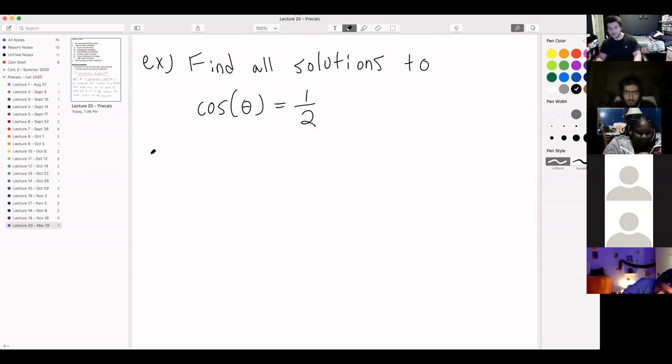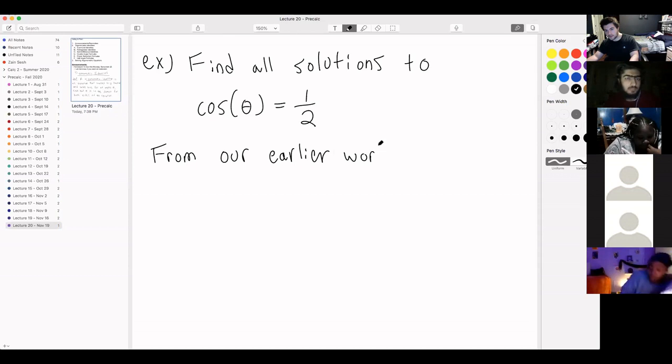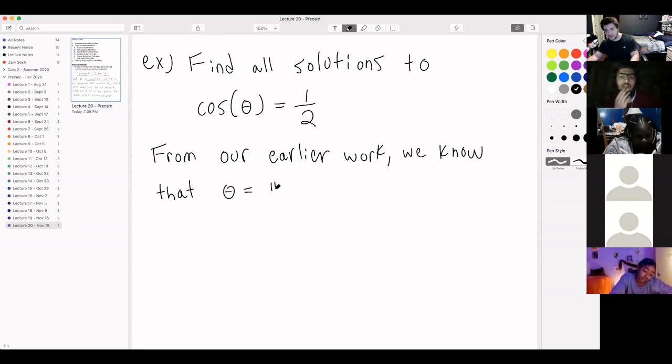Okay, good. So from our earlier work, we know that theta equals pi over 3 and theta equals 5 pi over 3 solve this equation.